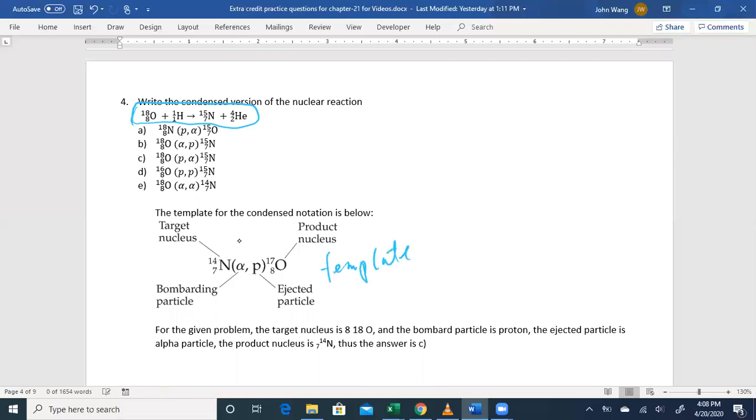for the condensed notation. And you can see in the template, you will see this. One is the so-called target nucleus. So you write atomic number, mass number, then the chemical symbol. Then inside the parentheses, you have the so-called bombarding particles.